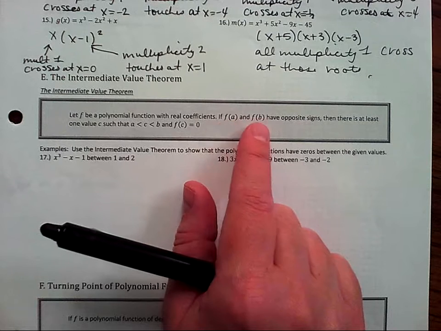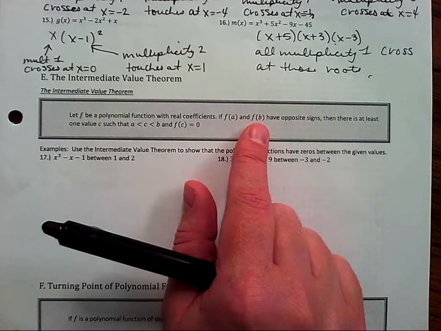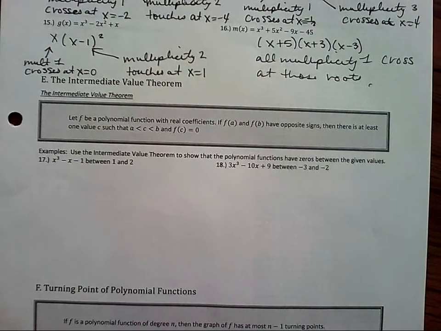If f of a and f of b have opposite signs, what's f of a, what's f of b? What's f of x? It's a y value, right? So f of a and f of b are y values. If they have opposite signs, one's below the x-axis, one's above the x-axis.